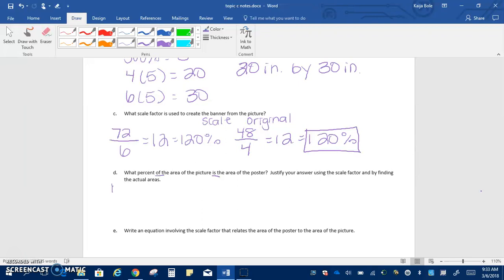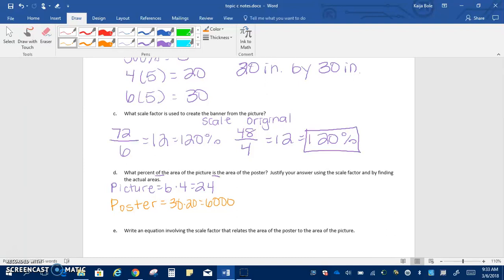So for the picture, if you look back at our dimensions, it would be 6 times 4, so it would be 24. And then for the poster, it would be 30 times 20, which is 600, sorry, got a 0.